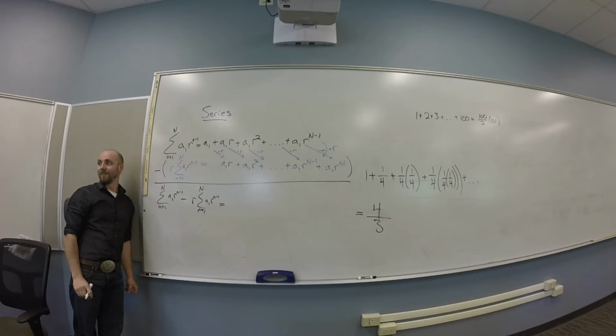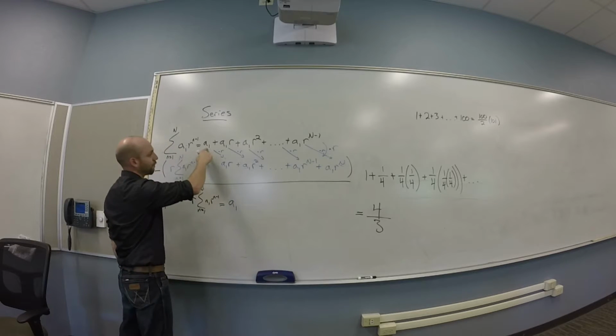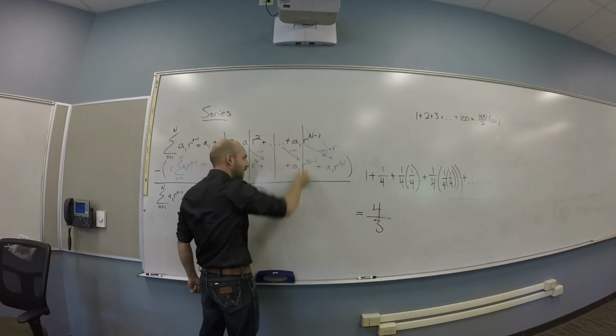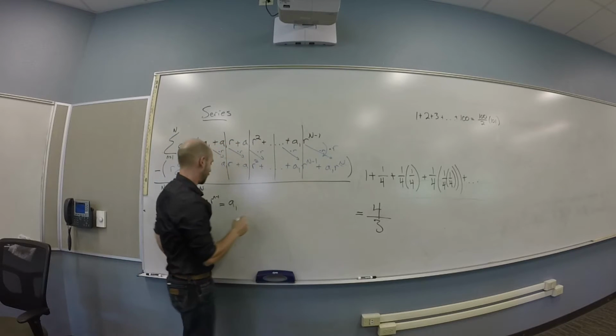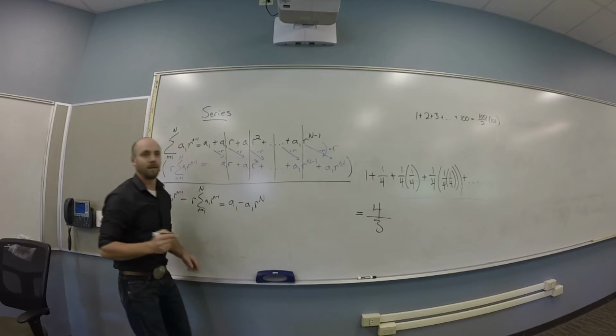Because now a bunch of this drops out. So what are you left with? a1, r minus 1, no, minus 1. Good, so there's the first term. And then those two cancel, and those two cancel, and all of this cancels. And you get a1 minus a1 r to the n.